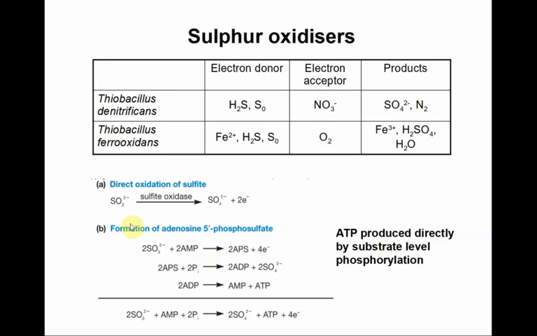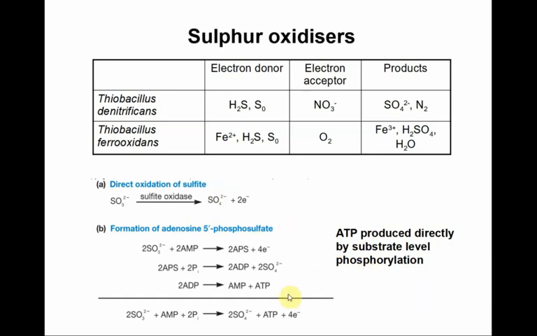One of them is that sulfite can be oxidized directly by molecular oxygen. This is highly favorable, so you can produce a proton gradient, and then you can get ATP by this process, and NADH by reverse electron transport.